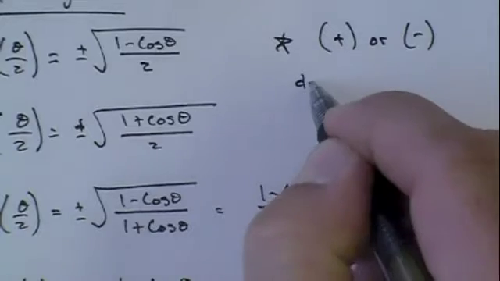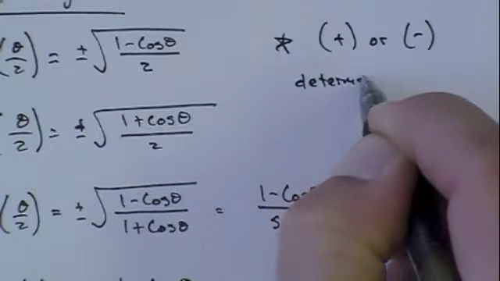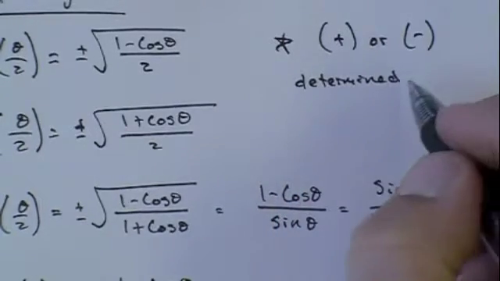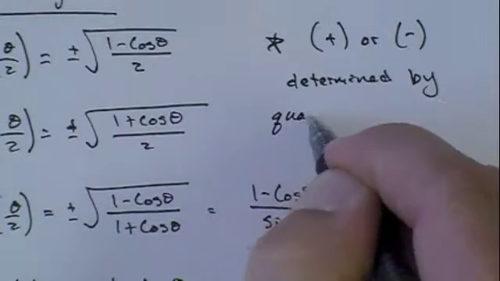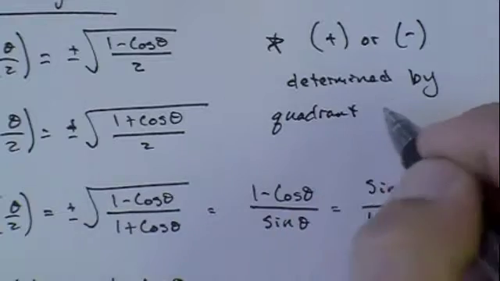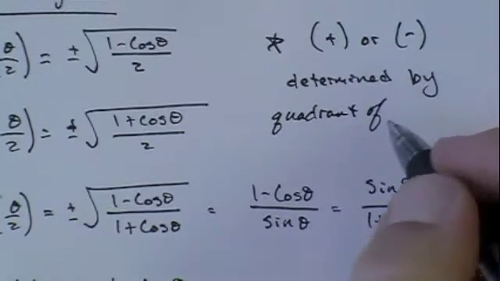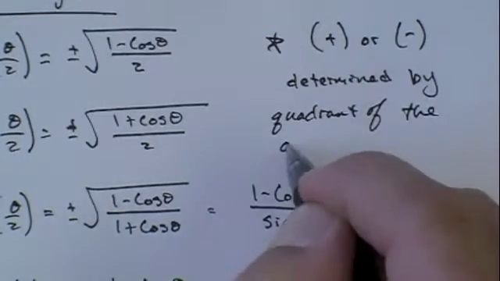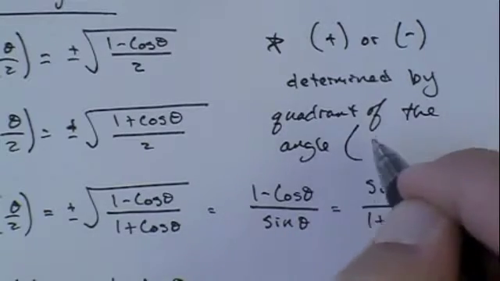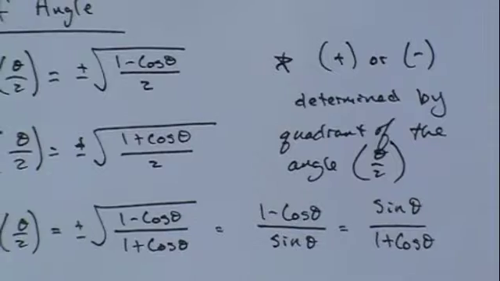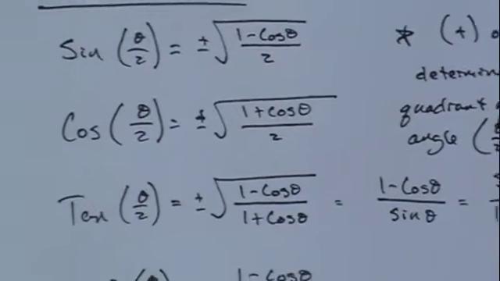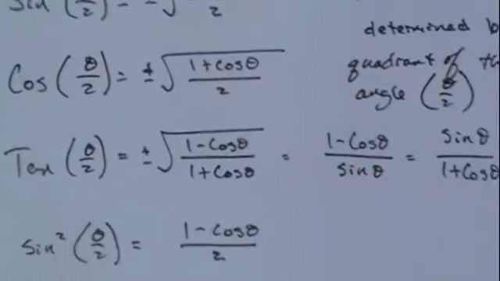So that is determined by our quadrant of the angle. So that's what's going to determine if those are positive or negative, is what quadrant we land in.